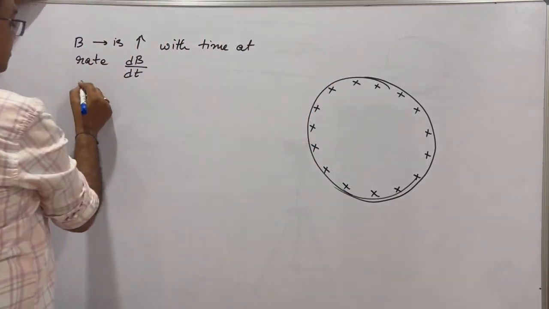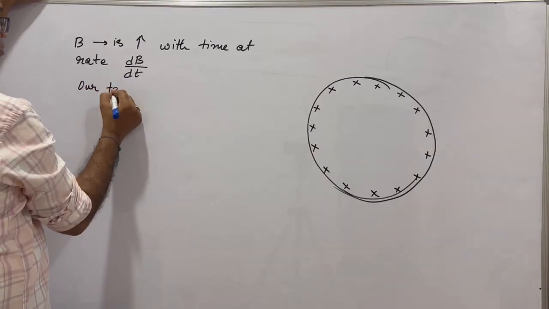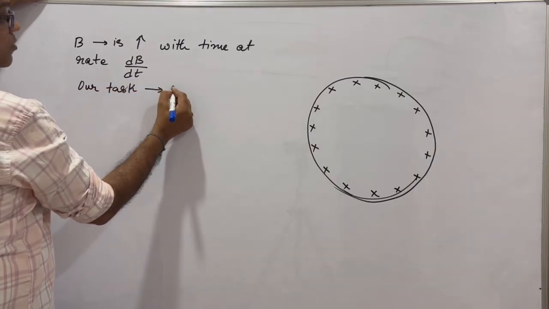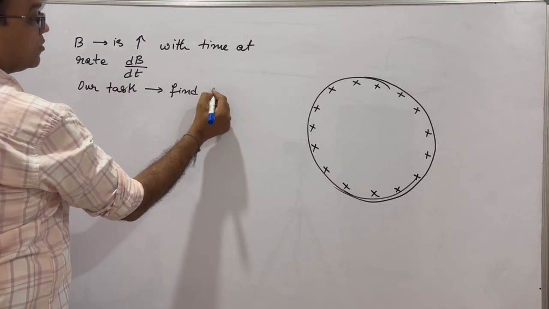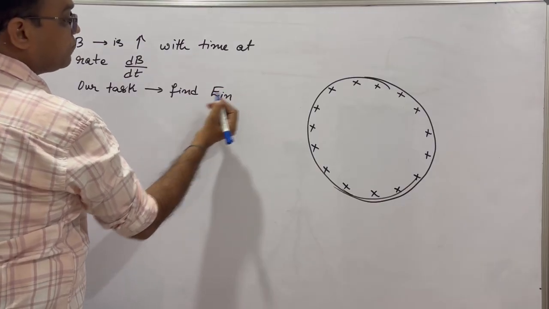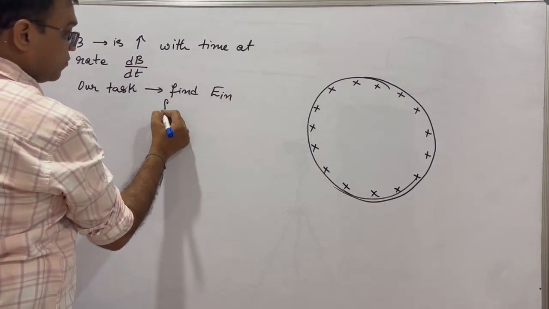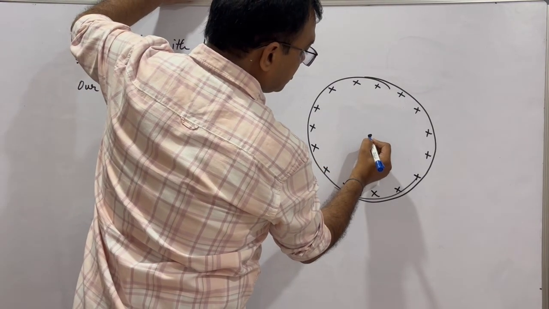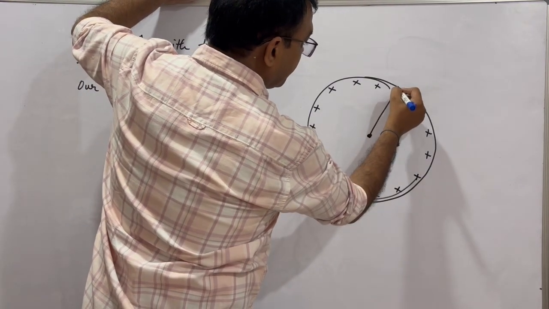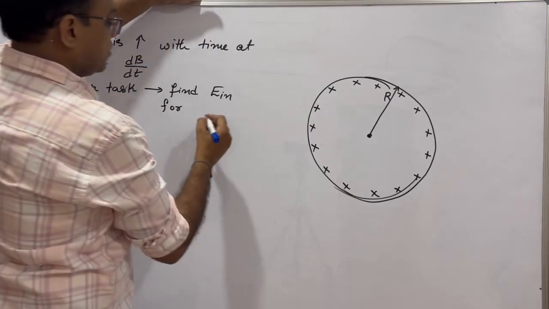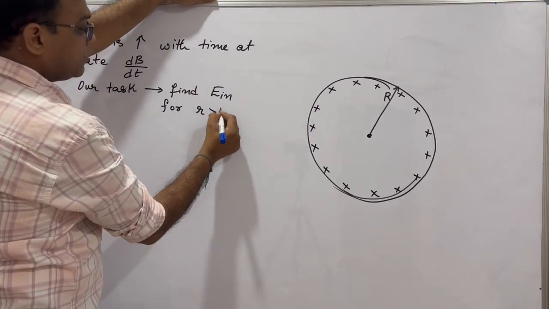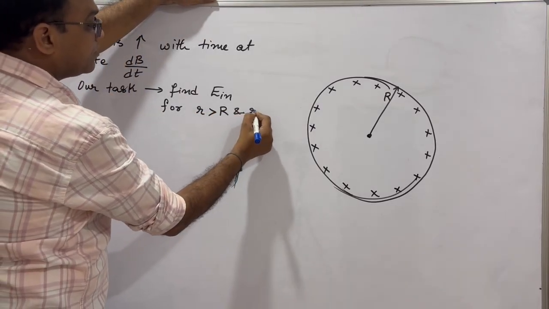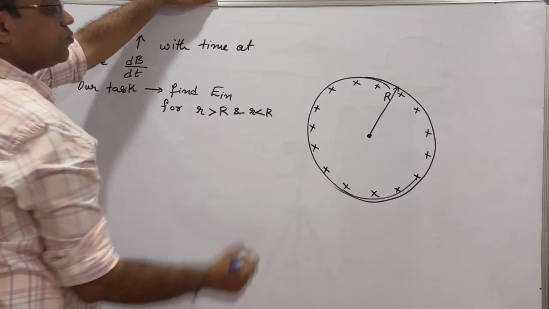Our task is to find the induced electric field expression for, let us say, this cylindrical region of radius capital R, for an inside point and an outside point.